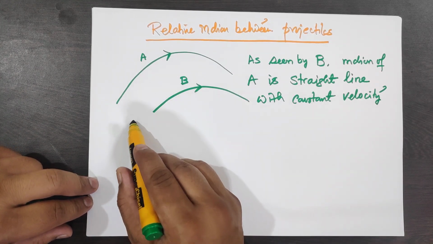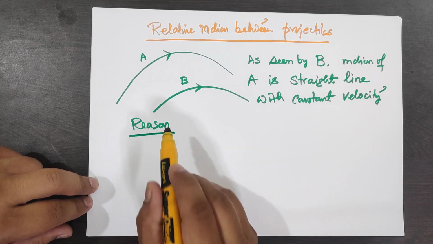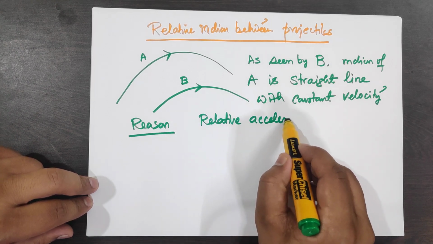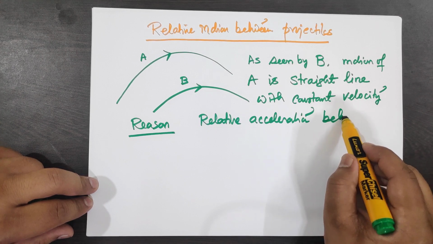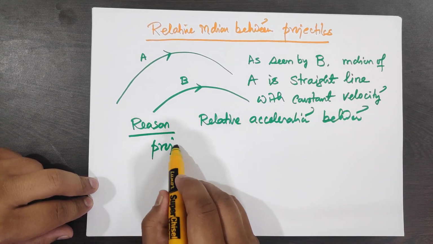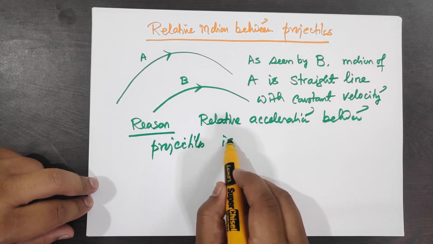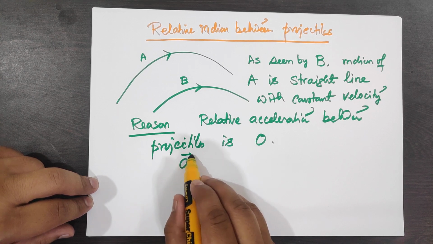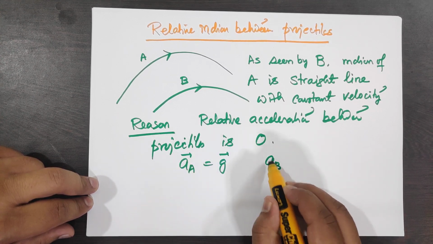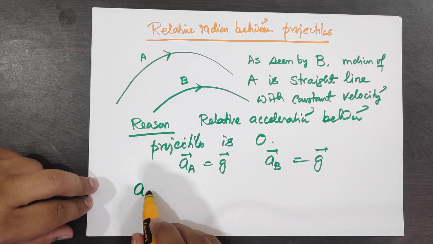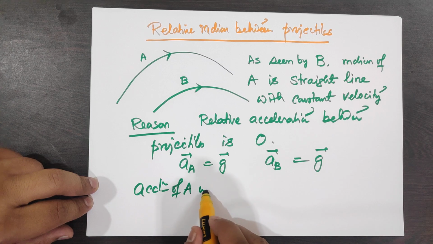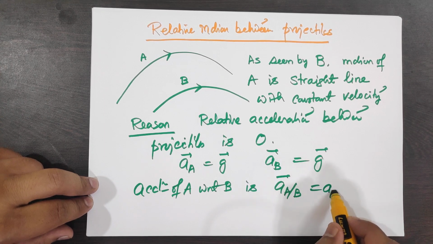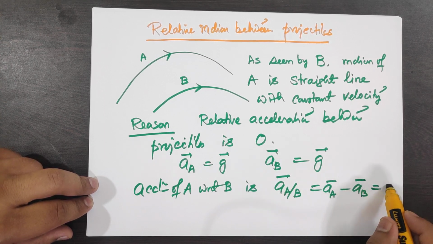Okay, what is the reason behind that? The reason is that the relative acceleration between projectiles is 0, because acceleration of A is g and acceleration of B is also g. So acceleration of A with respect to B, a A/B, is acceleration of A minus acceleration of B, that's g minus g.